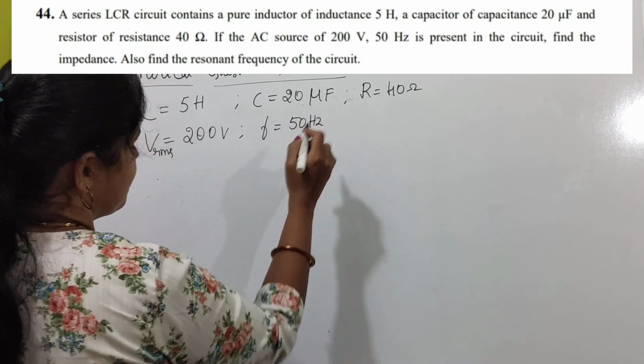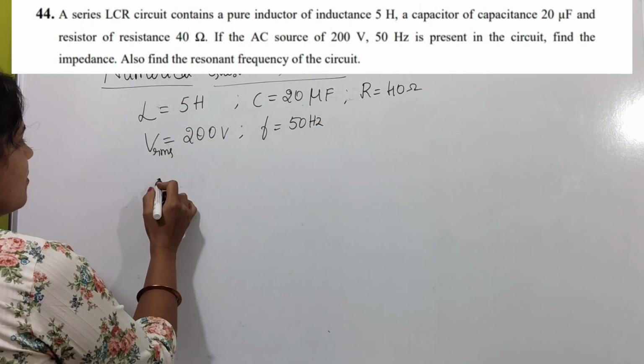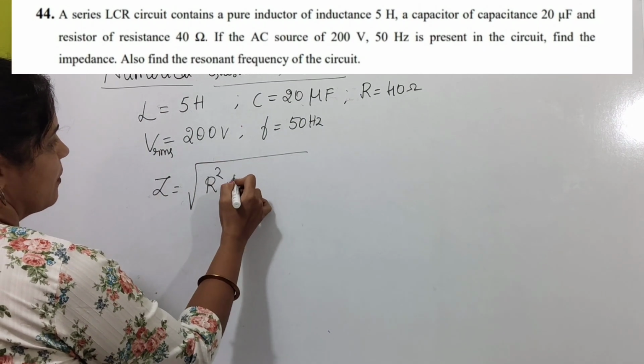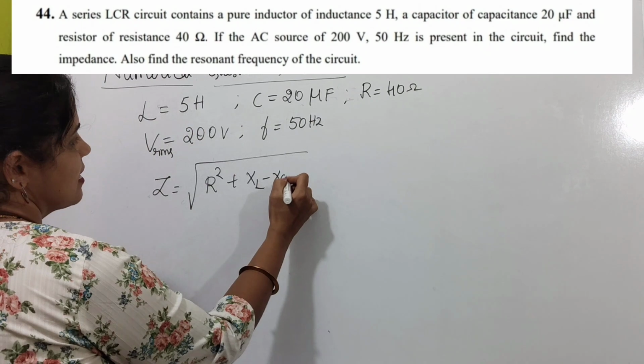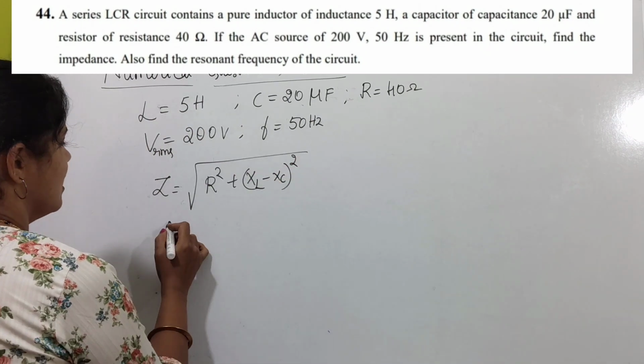First step is you have to write the given data properly. Find impedance. What is the formula to calculate impedance? Z is equal to square root of R square plus XL minus XC whole square. For that, first calculate XL.